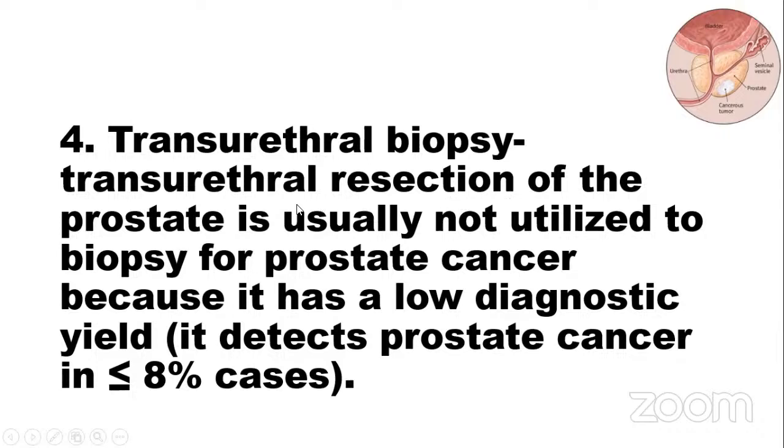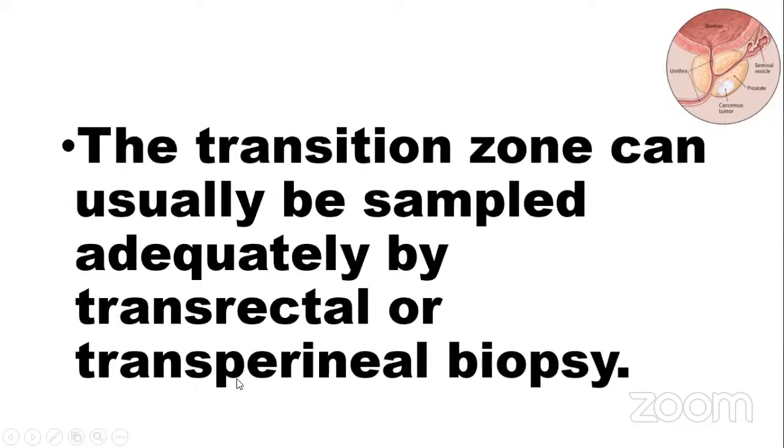Transurethral resection of the prostate is usually not utilized to biopsy for prostate cancer because it has a low diagnostic yield. It detects prostate cancer in less than or equal to 10% of the cases.